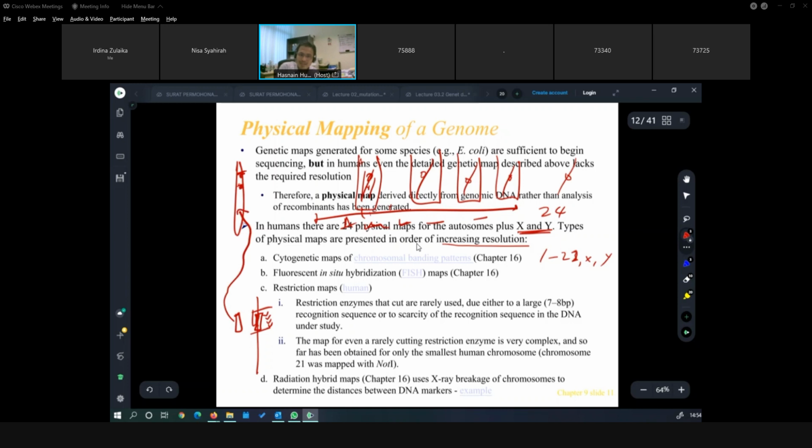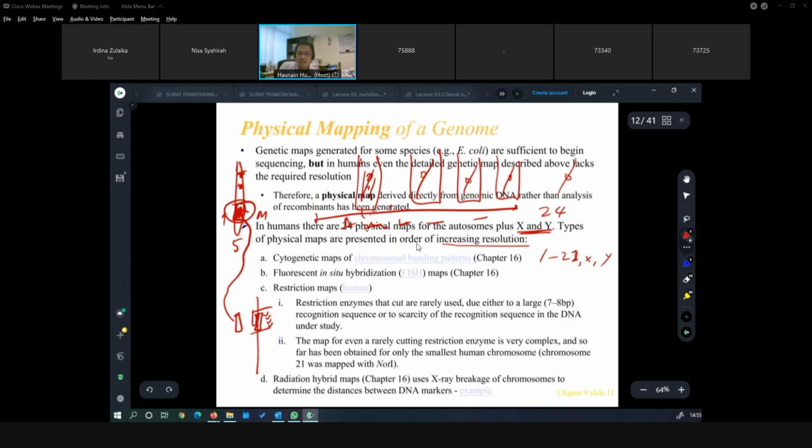If it binds to human chromosome number 5 at, let's say, the Q arm, for example, this area, then you know, because you know this, you imply the human chromosome also has a similar sequence. So this area is now known as a marker.